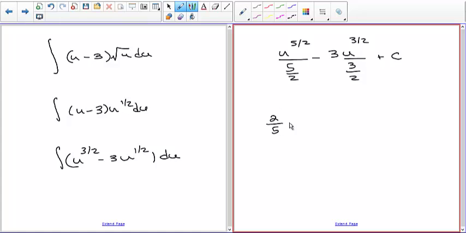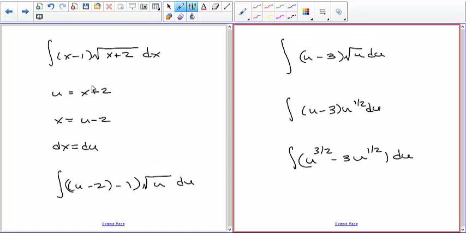So instead of dividing by 5/2, we're going to multiply by 2/5. Here the 3's cancel out, so you just end up with a 2. 2/3 times 3 is 2. And you get u to the 3/2 power plus c, and then finally you plug in what u is equal to, what you chose it to be initially, which is x plus 2.